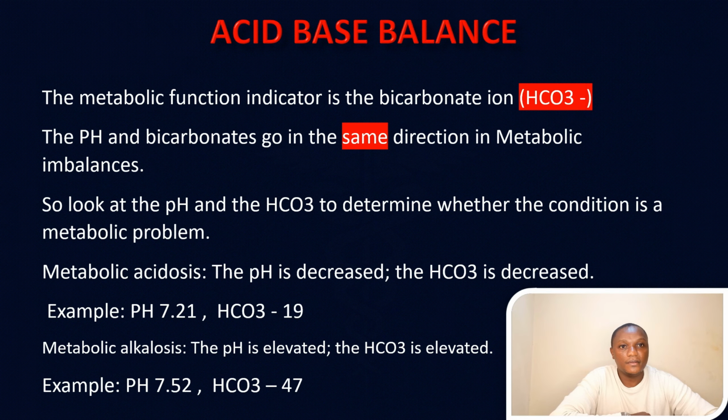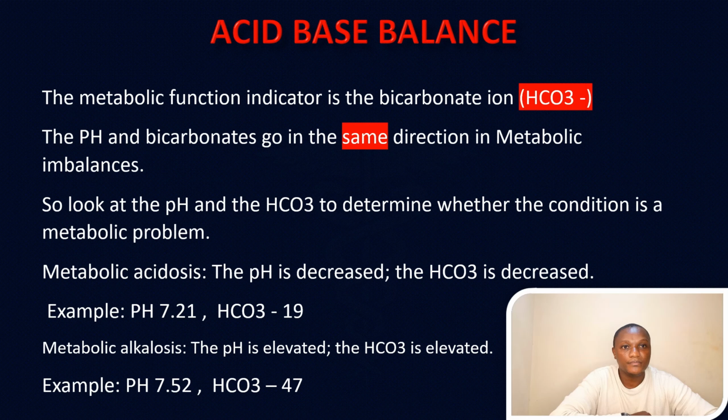The metabolic function indicator is the bicarbonate, that is HCO3. The pH and the bicarbonate have the same relationship. They go in the same direction in a metabolic problem. So look at the pH and the bicarbonate to determine whether it is a metabolic disturbance. In metabolic acidosis, the pH will be low and the bicarbonate will also be low.